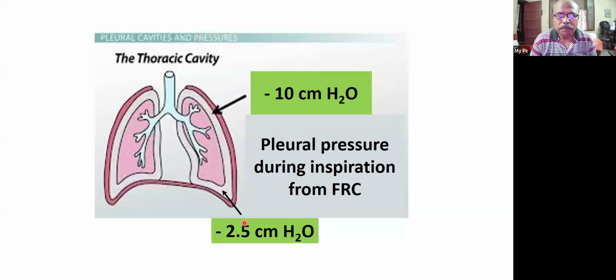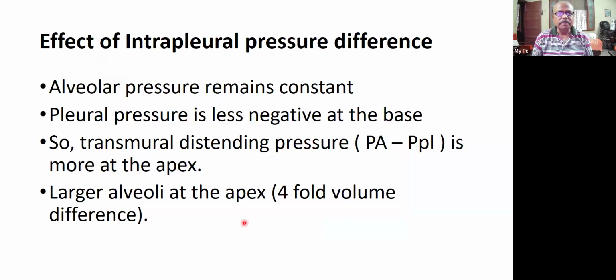So the intrapleural pressure in the apical region is about minus 10 centimeters of water, while that towards the base is minus 2.5 centimeters of water. It is still negative relative to the atmospheric pressure, but the negativity is much less at the base than at the apex. That causes the distribution of ventilation. So what is the effect?